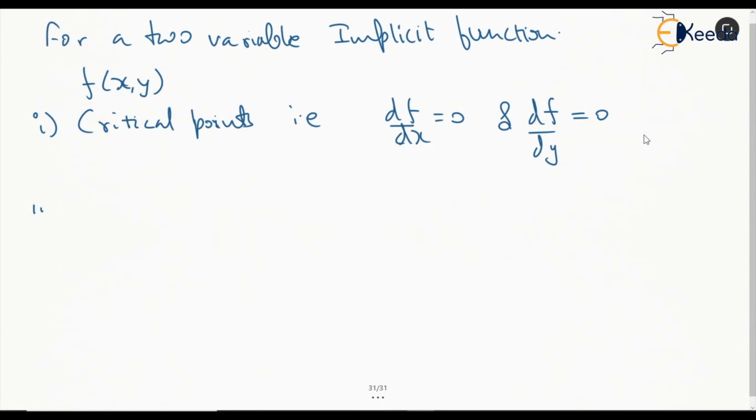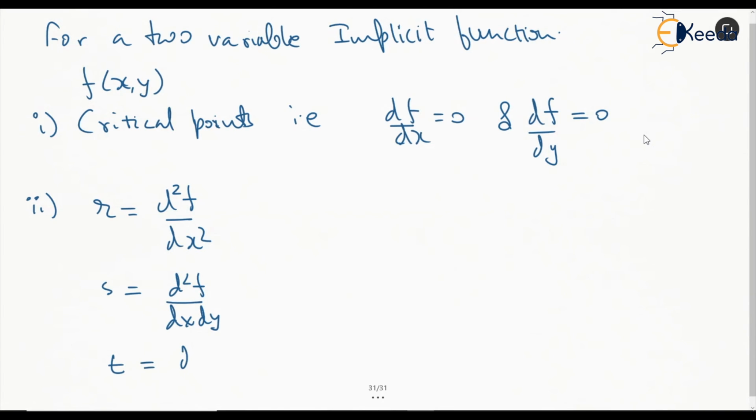Then we can find some values such as r is equal to d2f by dx square, s is equal to d2f by dx dy, and t is equal to d2f by dy square. So we'll find all these values at the critical point.